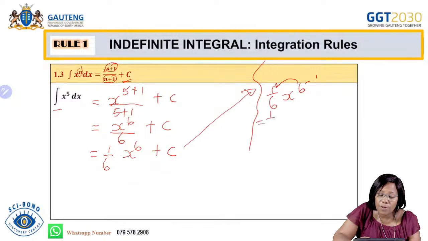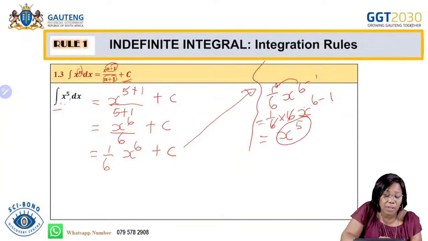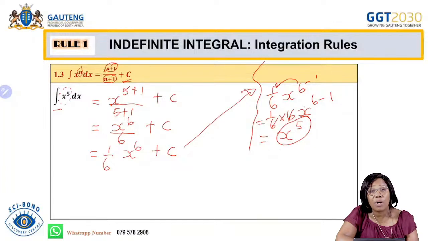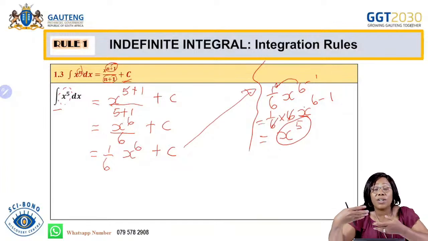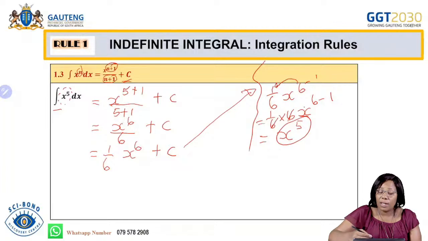That will be 1 over 6 times 6 x to the power 6 minus 1. Okay, and therefore this will give us 1 over 6 times 6, which is a 1, therefore it's an x, and then 6 minus 1 will be a 5. Can you see now? This expression is exactly the same as the original that was given to us. That is why we are saying integration and differentiation have a relationship. If you reverse one, you get the other one.